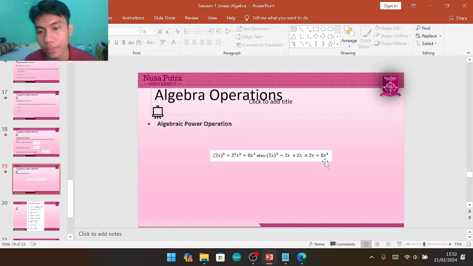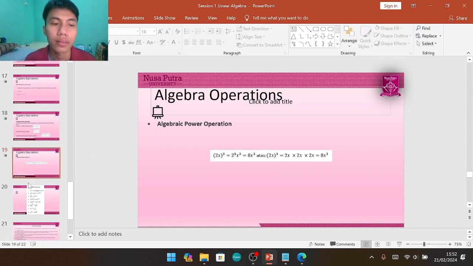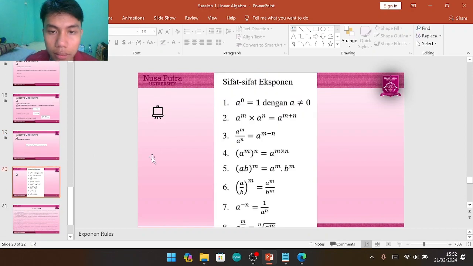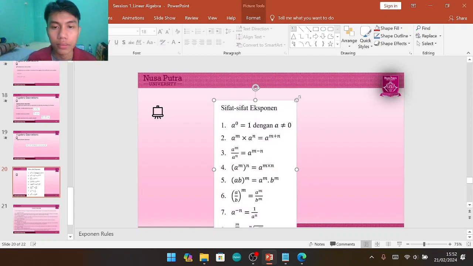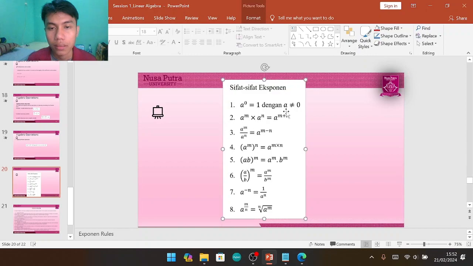So it becomes 8x power 3. And here are the exponent rules. So a power by 0 is equal to 1, provided that a is not equal to 0. So there are the exponent rules.